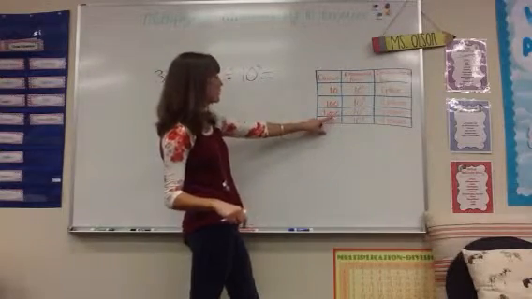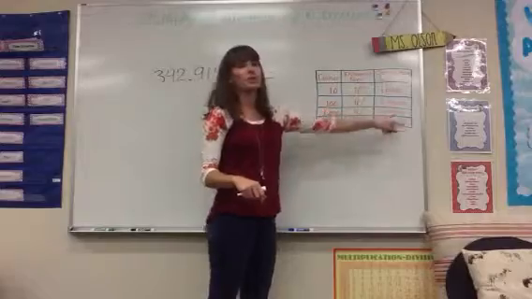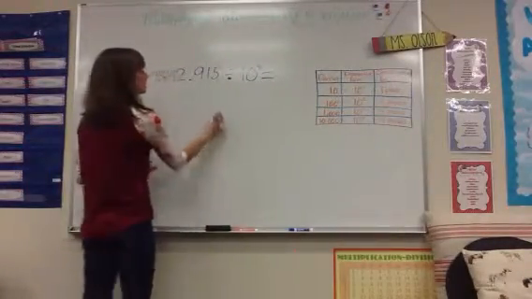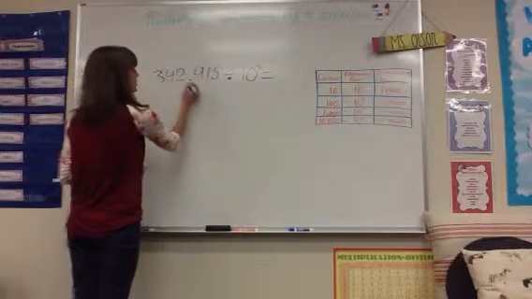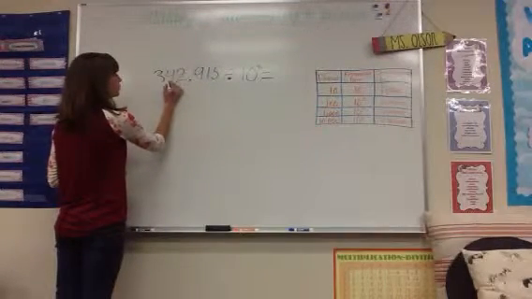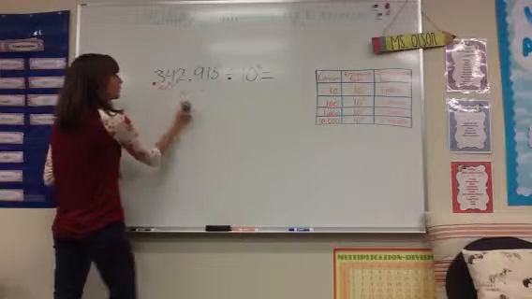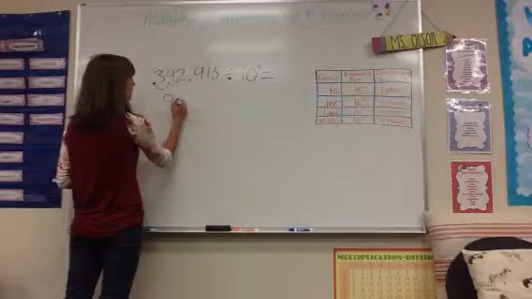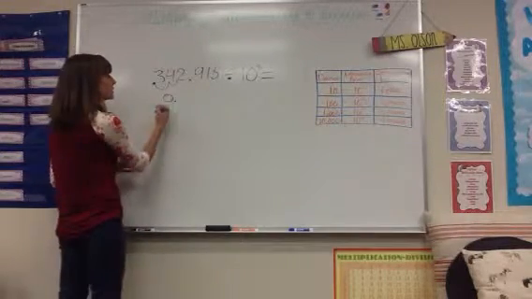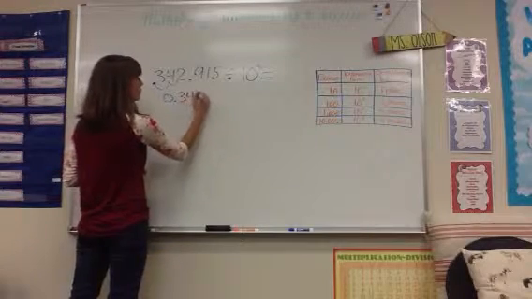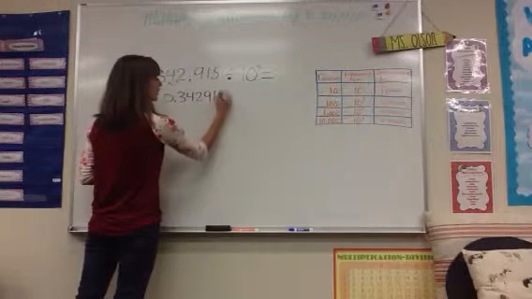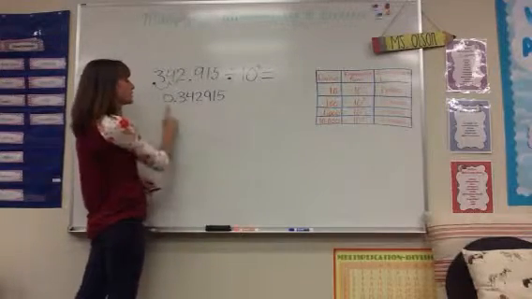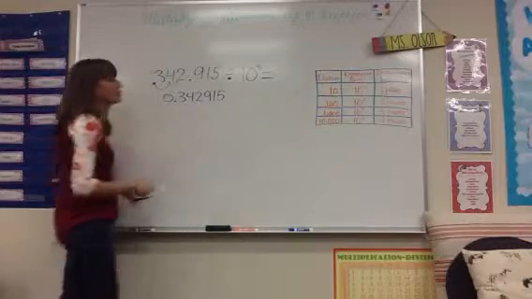There's 3 zeros, 10 to the third power, you move it to the left 3 places. When you're dividing, you move to the left. So let's go. We have to move him 3 places. 1, 2, 3. He's going to go here. So I'm going to write the answer down below. It's going to be 0. It's okay to put a 0 in front of the decimal. 0.342915. You do not insert commas to the right of the decimal, so no commas. Let's do another one.